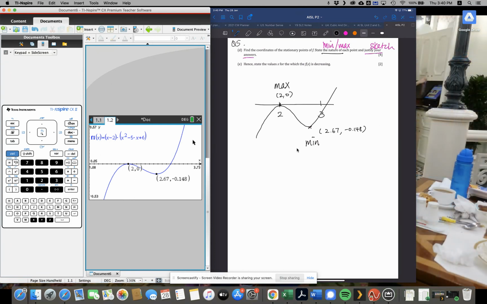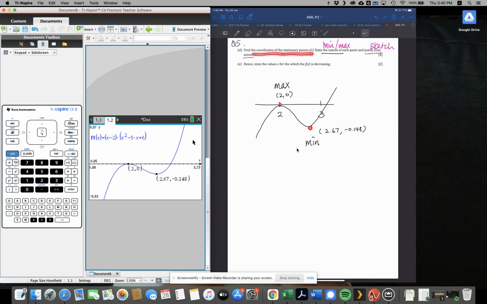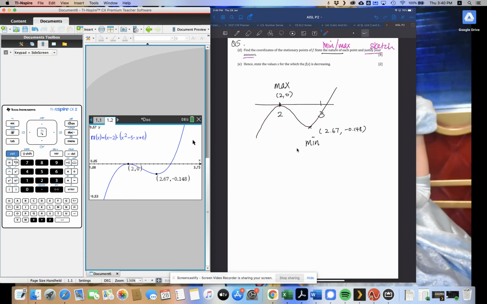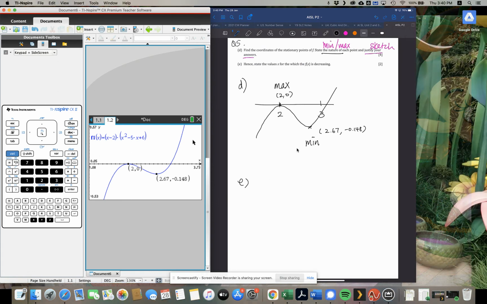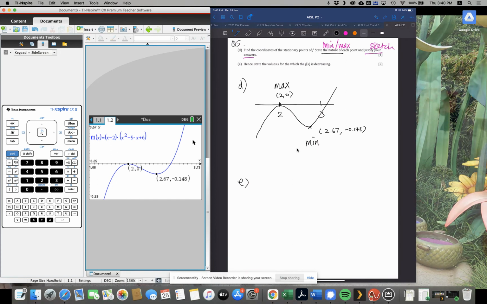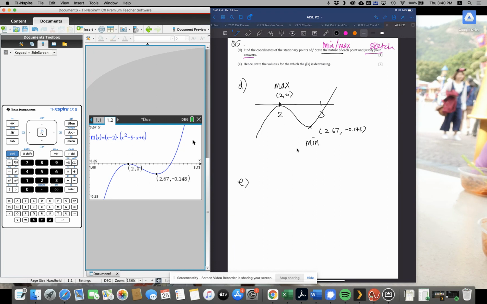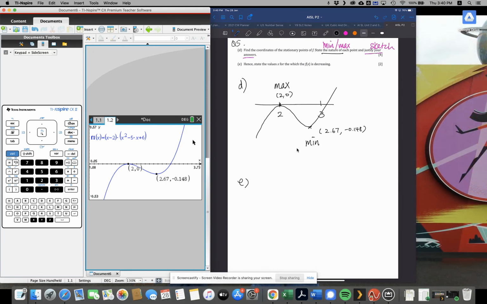Because you were asked to find the coordinates of the stationary points, 2 of them, and from the diagram, clearly this is a max, this is a min. That's part D. Part E, hence, state the values of x in which f of x is decreasing. So when is f of x decreasing?